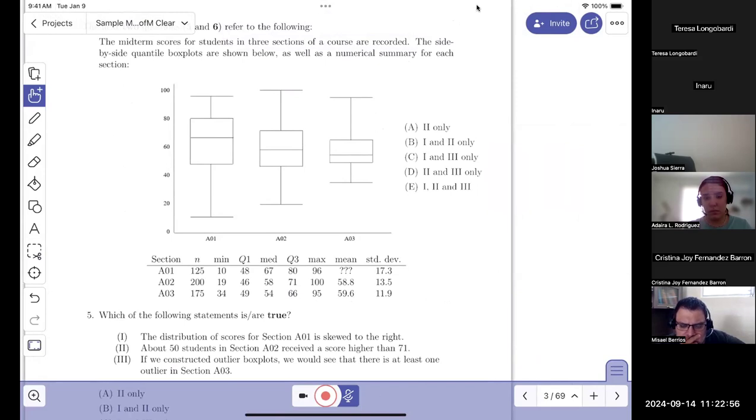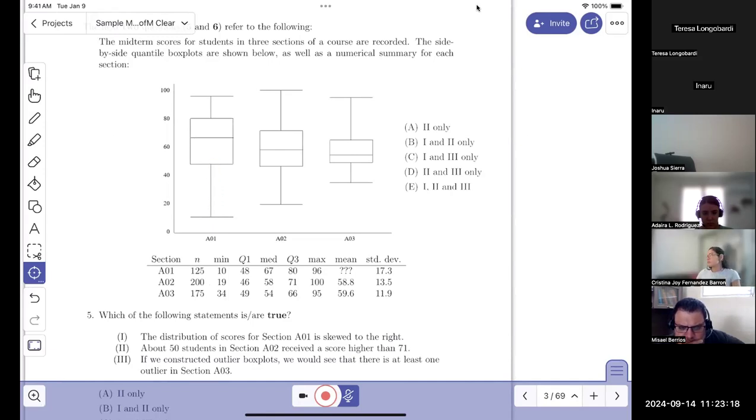Okay, let's get going. There's a few extra steps you have to do in here, and use this table to figure it out. All right, which of the following statements are true? The distribution of scores for section A01 is skewed to the right. So A01, you have to visualize this like this, right?